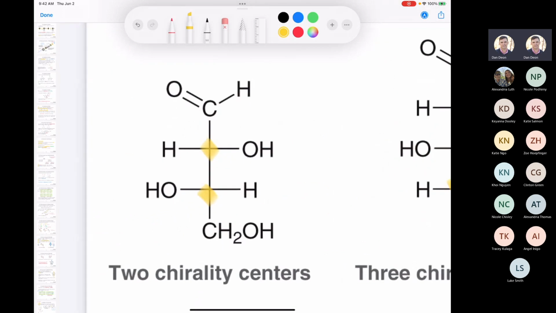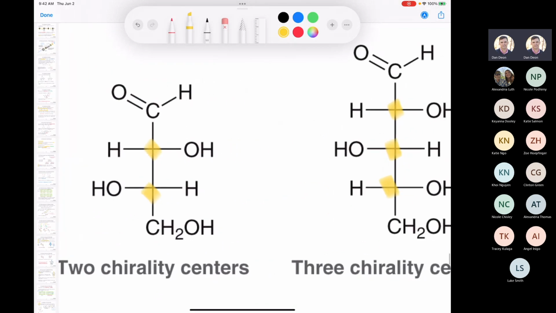Let's get some more practice in designating a stereocenter as R or S in a Fischer projection. Take a look at this one here. The oxygen is number 1, the hydrogen is number 4. This carbon is attached to oxygen, oxygen, hydrogen, whereas this carbon is attached to oxygen, carbon, hydrogen. Here's my tiebreaker.